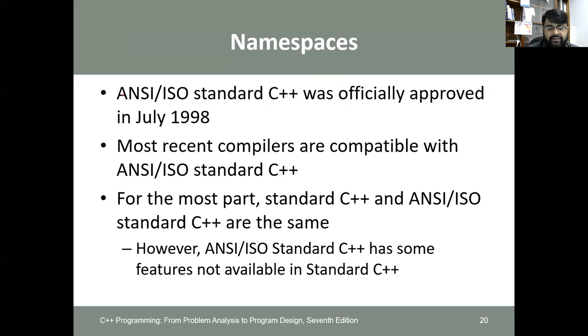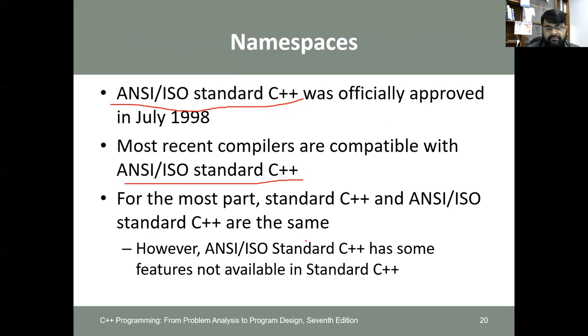Since this is the standard C++, the compilers made after that, in particular the Visual C++ compiler that we are using in Visual Studio, the Dev-C++ compiler, the C++11 compiler, etc., are all based on the standard ANSI/ISO C++ language, and hence they are all compatible with ANSI/ISO standard C++.